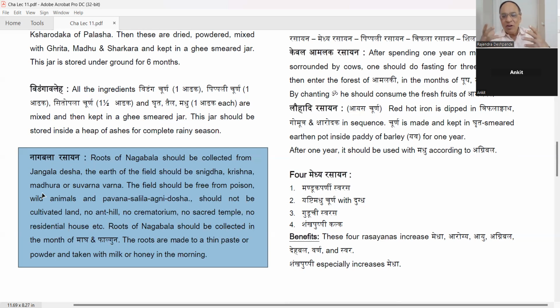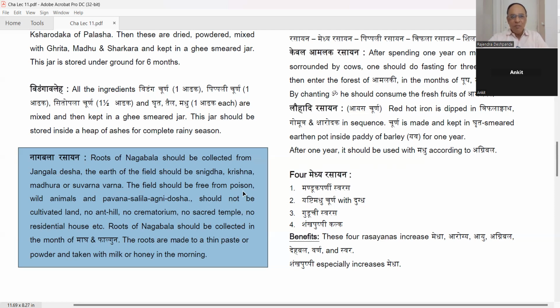And what is the word for where a lot of forests are there? That is Anupa. A lot of rain, a lot of mud. So that is Anupa Pradesh. And where the situation is balanced, that is called Sadharana Desha. So roots of Nagabala should be collected from Jangala Desha, dry desert. The earth of the field should be Snigdha, Krishna, Madhura, or Suvarna Varna.